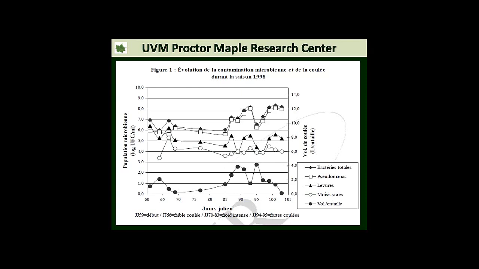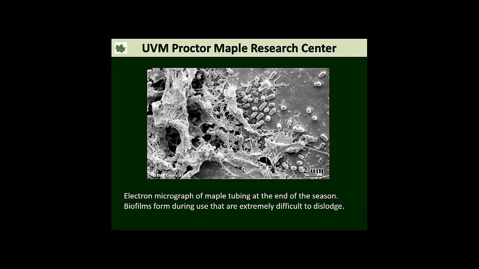But in general, they tend to increase over the season because you have nice sweet sap there for them to grow in. It's getting warmer and warmer, and things are getting more contaminated. This happens with all different types of microorganisms in the tubing systems, whether it's bacteria, Pseudomonas, which is a particular type of bacteria that's very common, or yeast or molds or fungi, whatever you have.